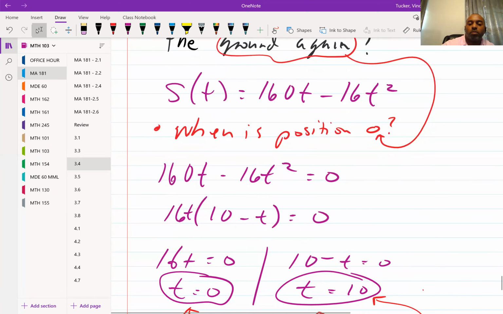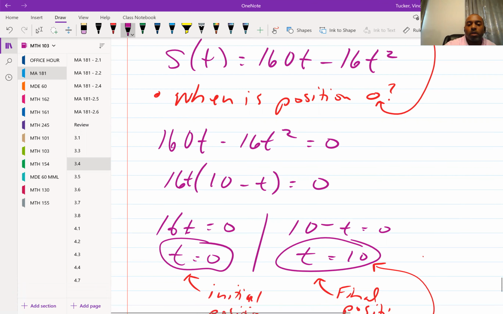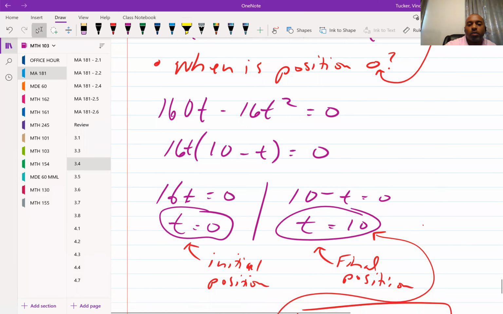Solve for both. Of course it was 0 twice, because that was in the beginning and at the end.